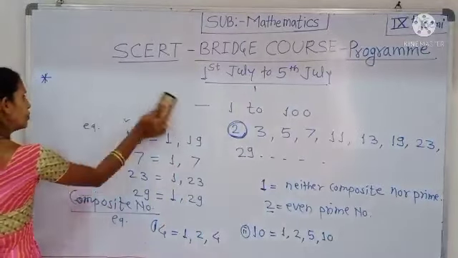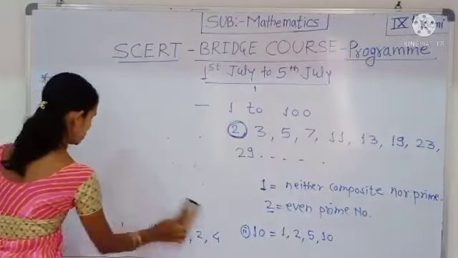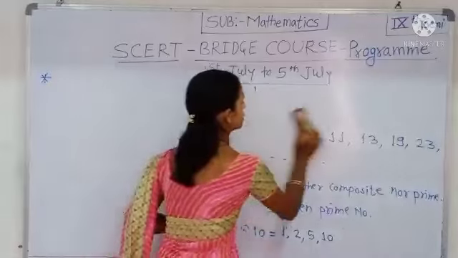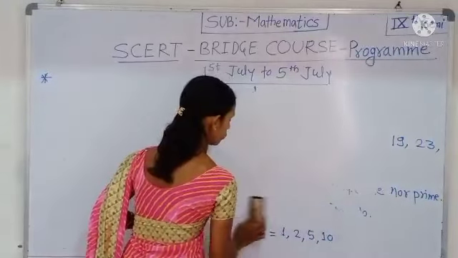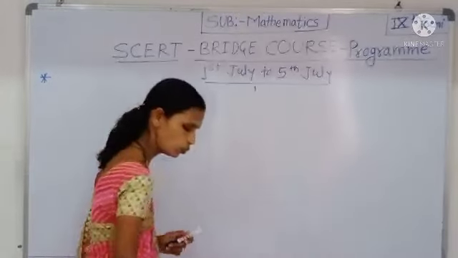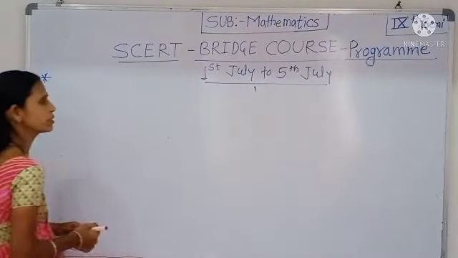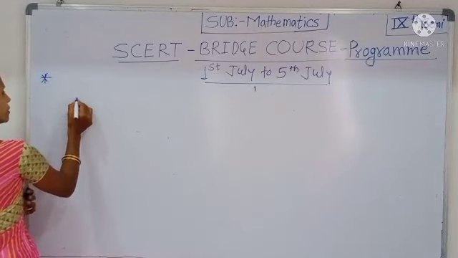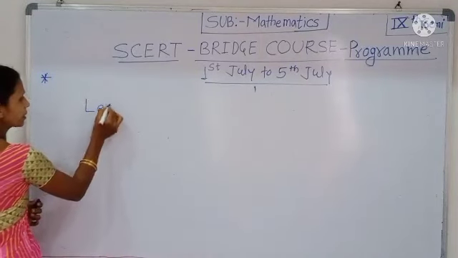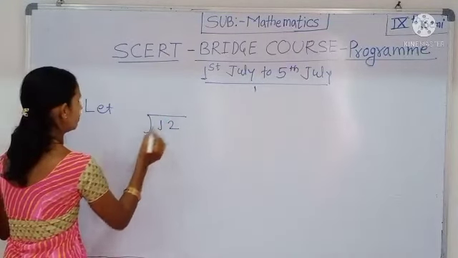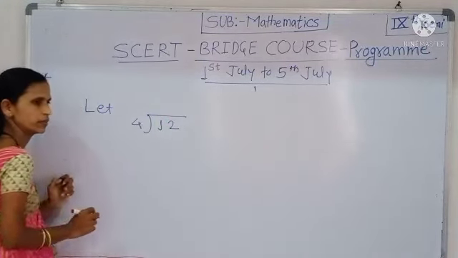Then one more thing, see here, we can find out the divisors or factors of numbers. Then how to find out the factors and divisors of a given number? Let us consider whether 12 is divisible by 4.